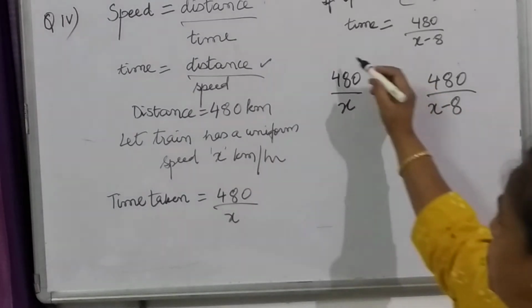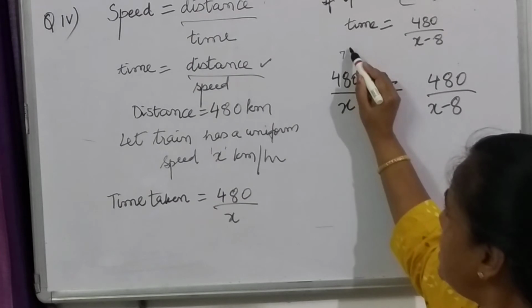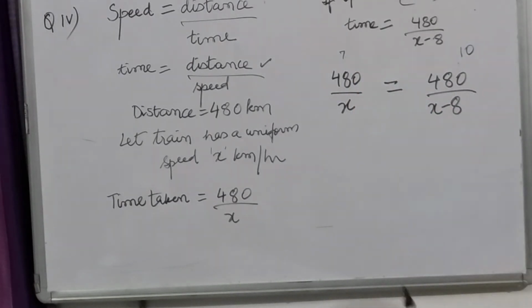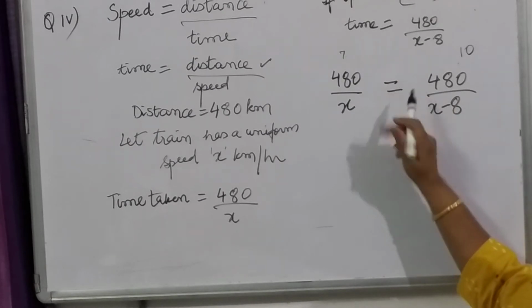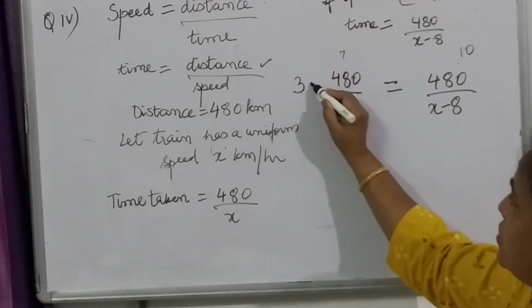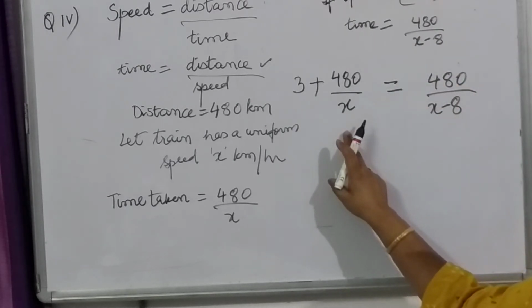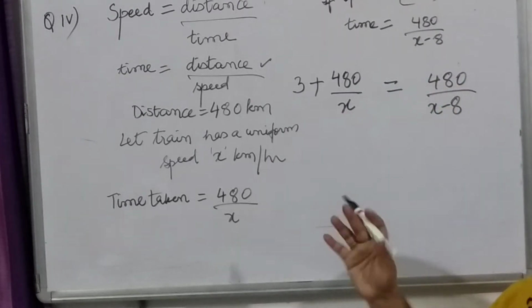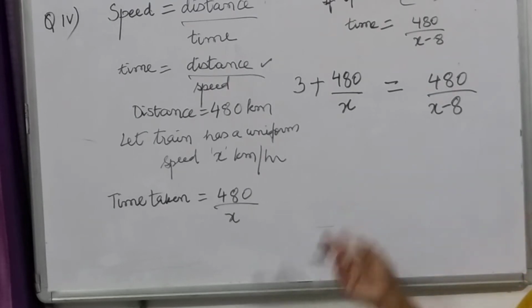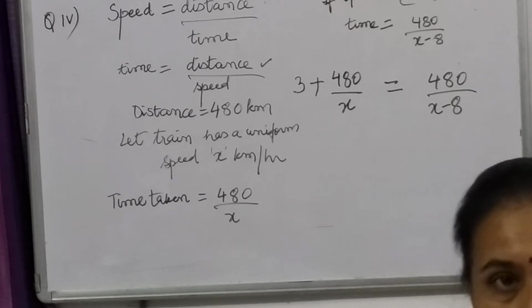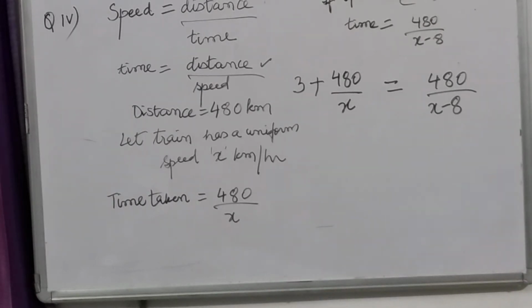So what should I do to equalize the two things? I am going to add 3 hours to this side, and then the two times become the same, right? Is it clear? I am going to just compare the two situations and equalize them.